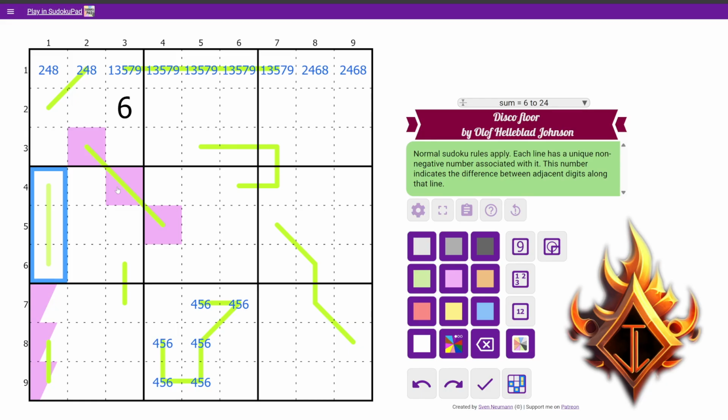Maybe not also. Well, this can have a 6, or wait, it could have a 6 on it, actually. Could be 369. If it was 4, it could not.